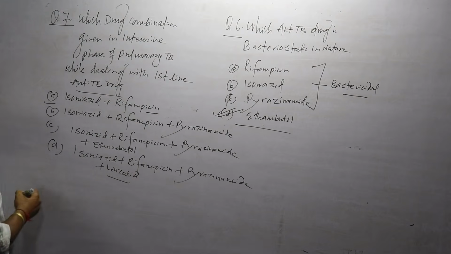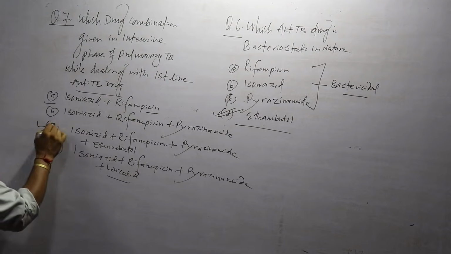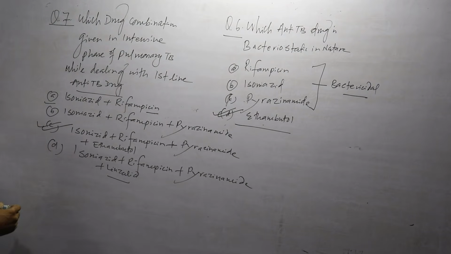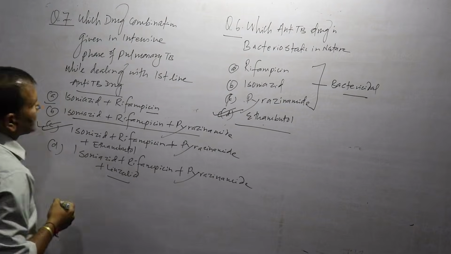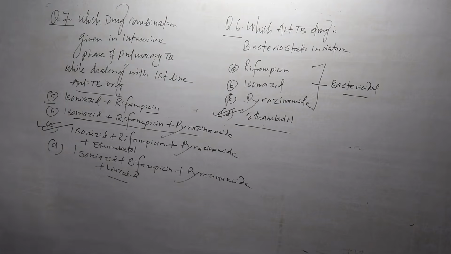Usually in the intensive phase of pulmonary TB, we give the 4-FDC combination: isoniazid, rifampicin, pyrazinamide, ethambutol. But in case of 3-FDC, we use only isoniazid, rifampicin, and pyrazinamide.